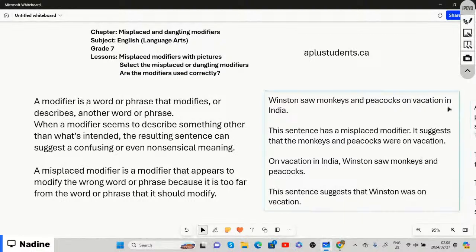All right. So basically, when it comes to misplaced and dangling modifiers, this literally sounds like something that we've never heard before. Misplaced is like when you misplace something, right? But dangling modifiers?